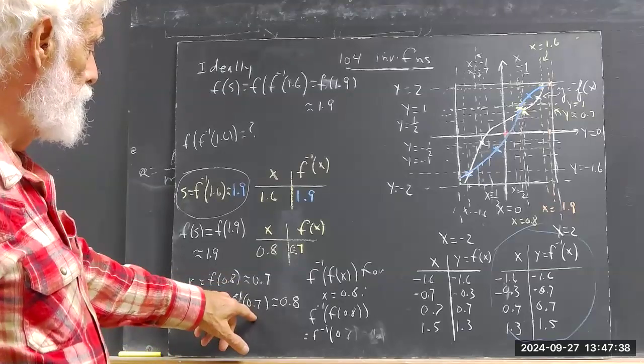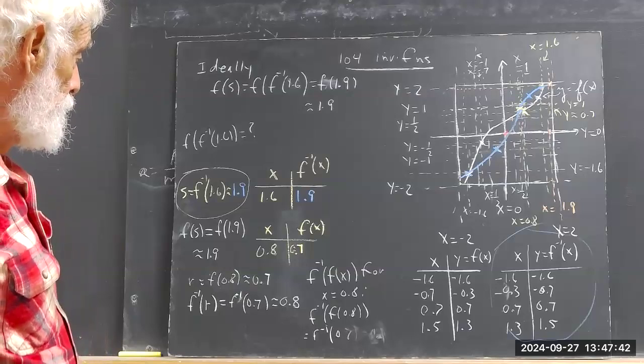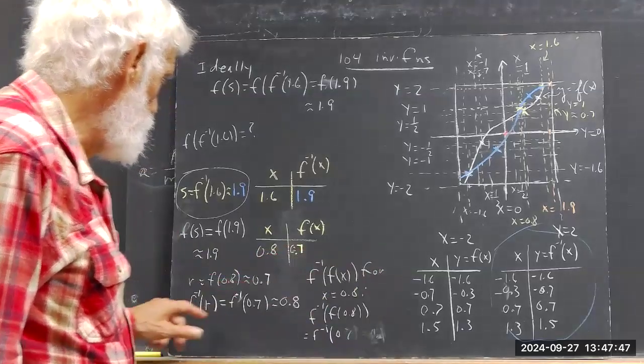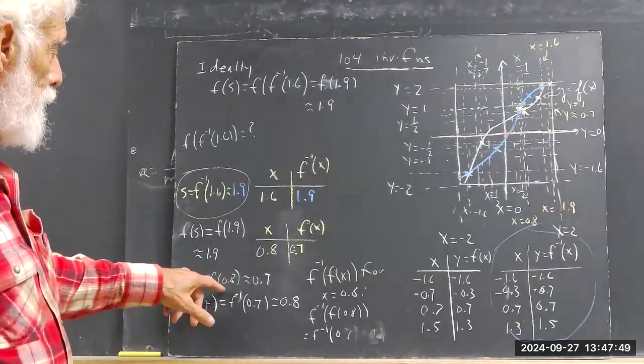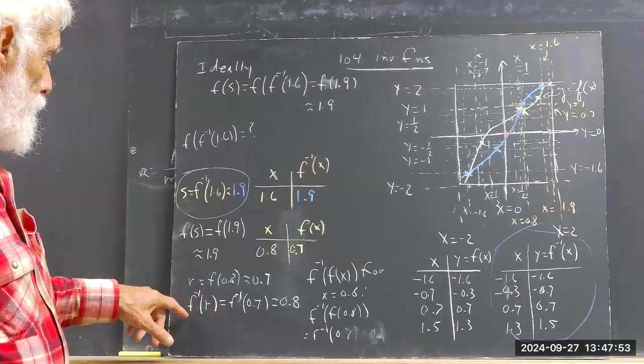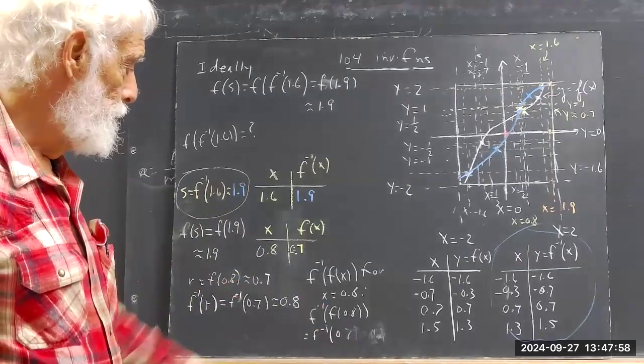We get f inverse of 0.7 equals 0.8. This shows us, for example, that f inverse of f of x, which is what this is, r is f of 0.8, so that f inverse of r is f inverse of f of 0.8.